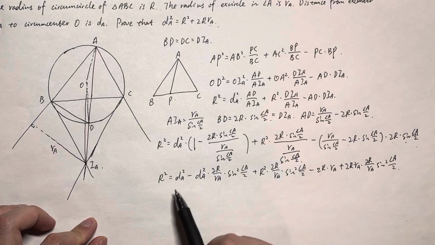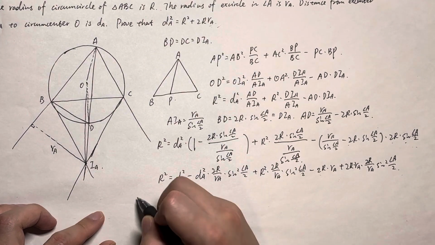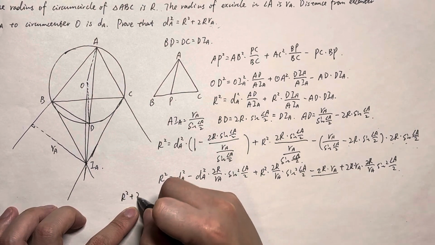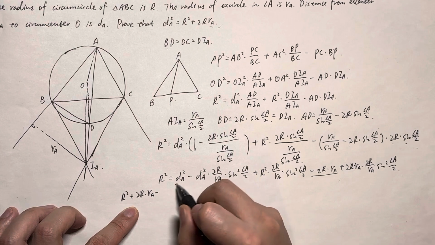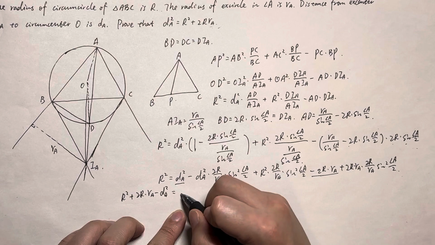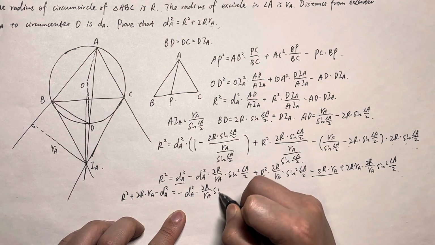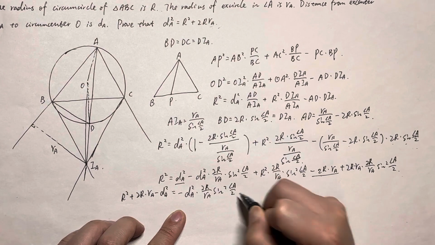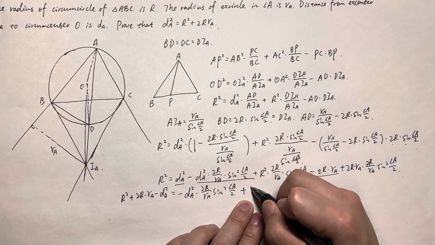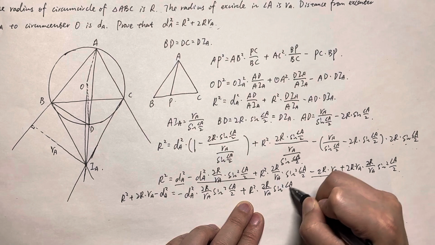Then we move the target expression to one side, which gives R squared plus 2R times RA minus dA squared, equals minus dA squared times 2R sine squared of A by 2, plus R squared times 2R sine squared of A by 2.